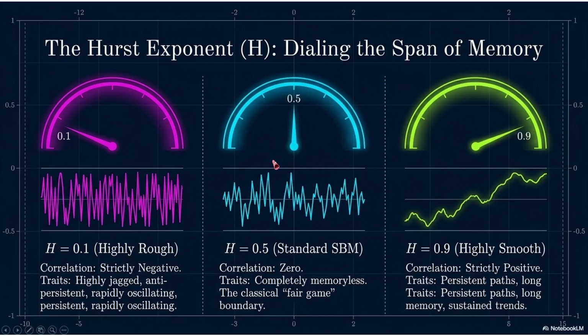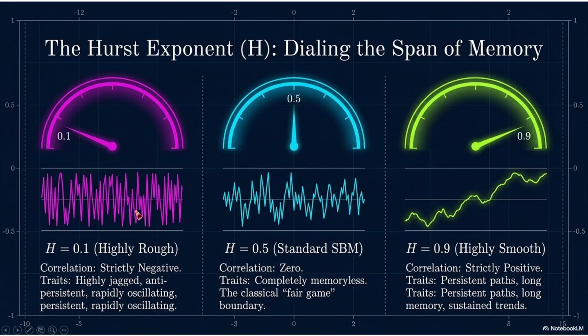So that H parameter we just talked about is the Hurst exponent. Think of it as a dial that controls the span of memory for our process. In here, if we dial the Hurst exponent down to 0.1, this is a highly rough environment.